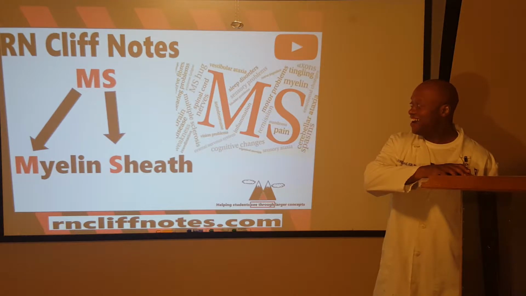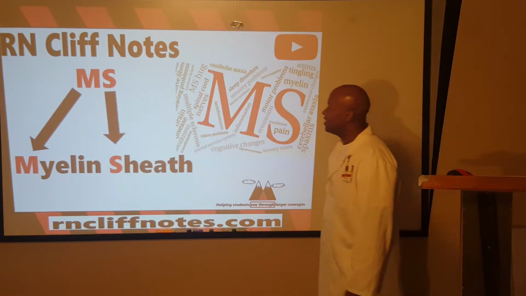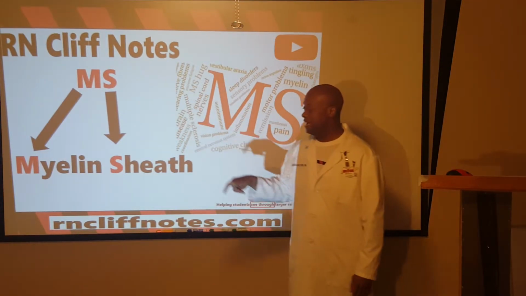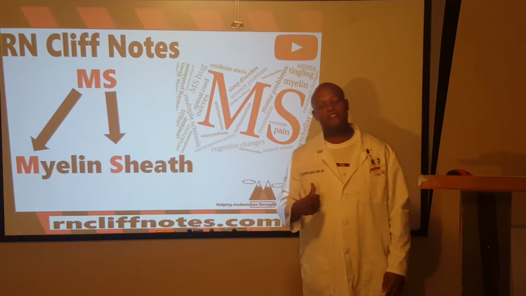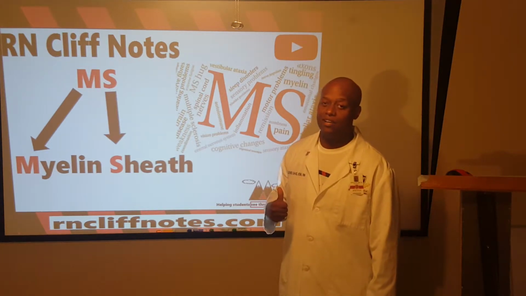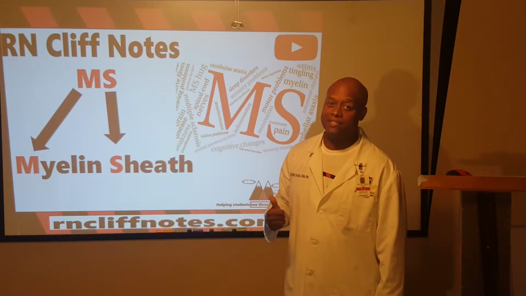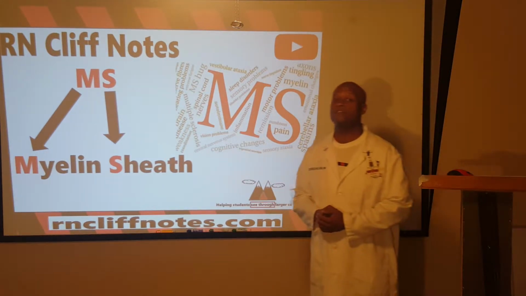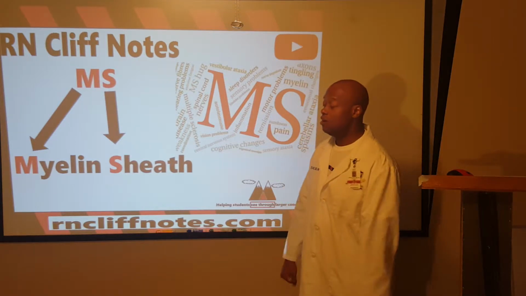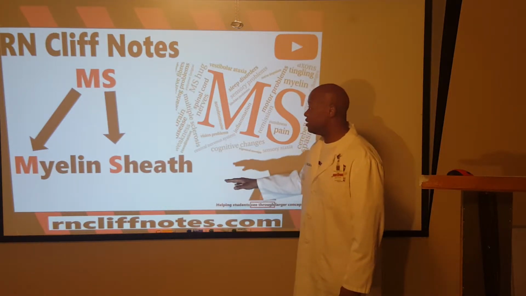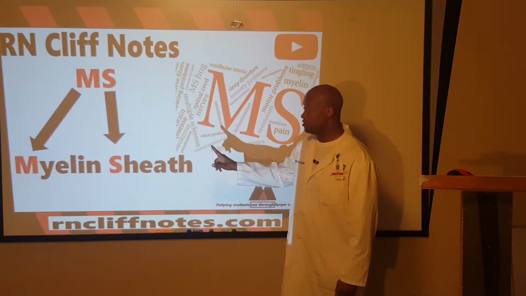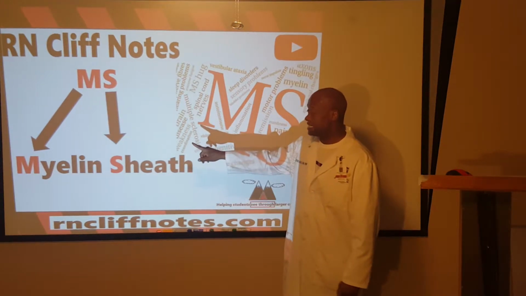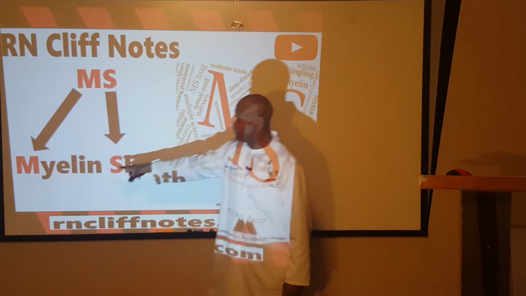Okay, so MS this time. And unfortunately for these clients, that's what they are: in a mess. These poor folks suffer from a lot of things. MS, what does that stand for?